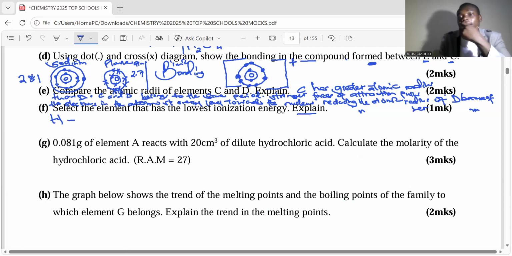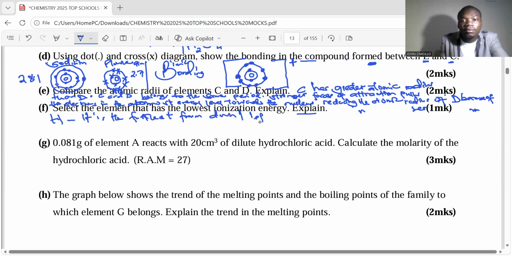Now explain. We have said that it is the farthest from down left. So this is the down left element.